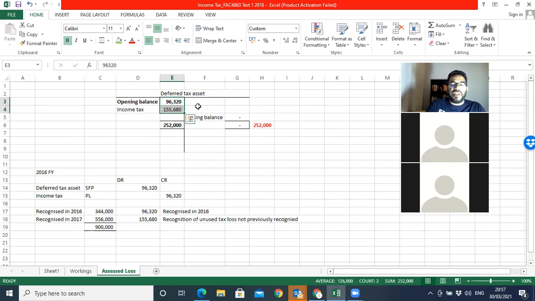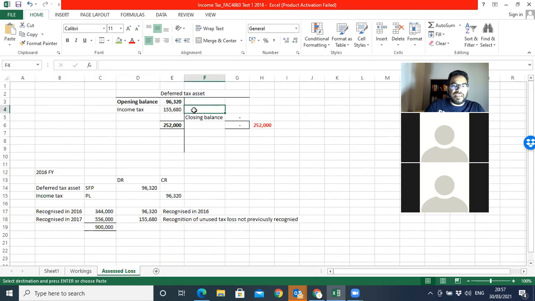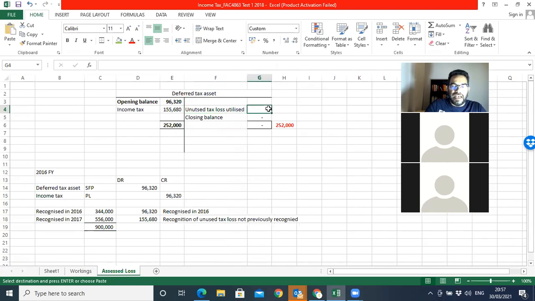So therefore, we need to write it off. So here we bring in what we are actually utilizing. So what are we utilizing? We're utilizing the full 900, but remember at 28%. And that gives me my 252.